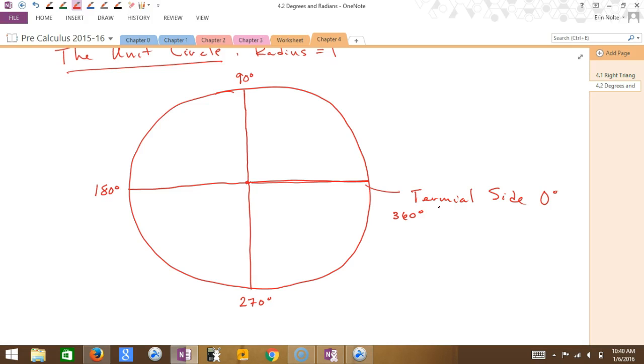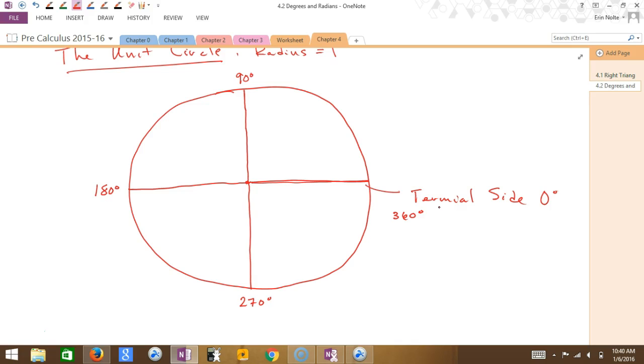I said a second ago that the circumference, or one trip around, or 360 degrees, is 2 pi r, right? So if my r is 1, what is 360 the same as in radians? Let's try again.